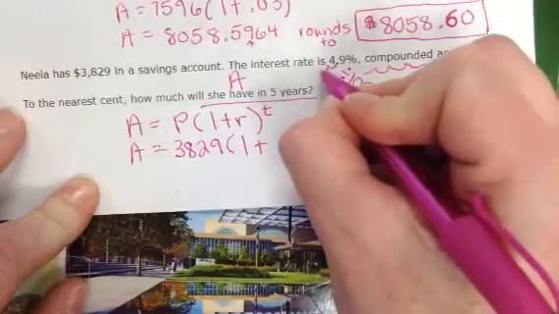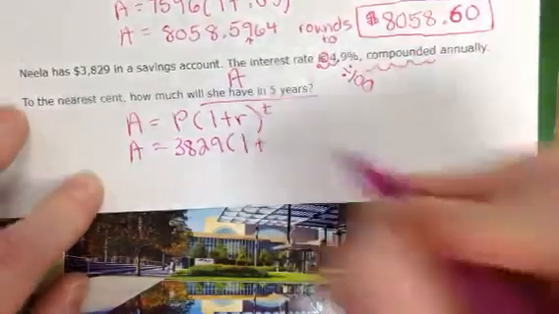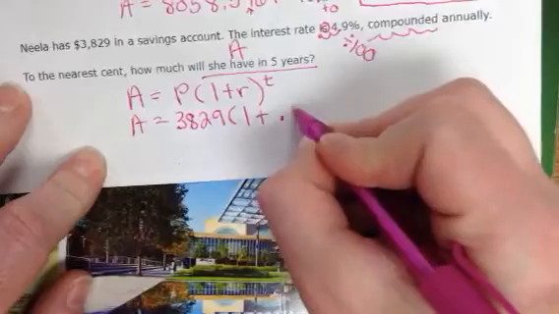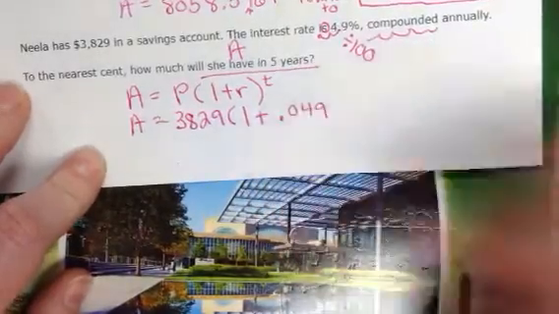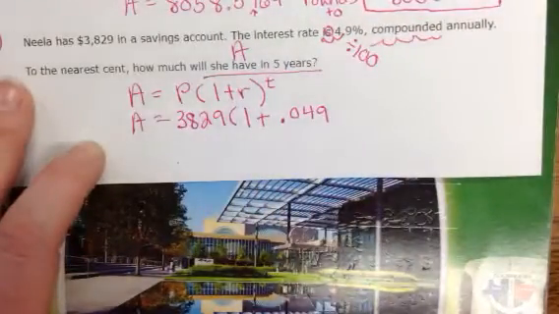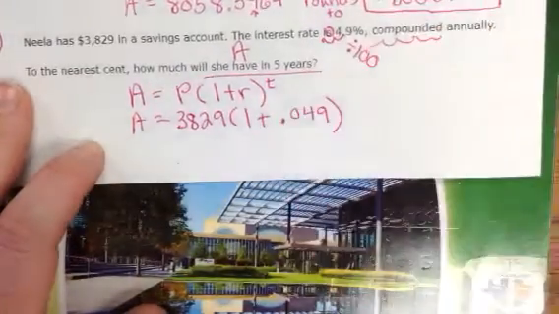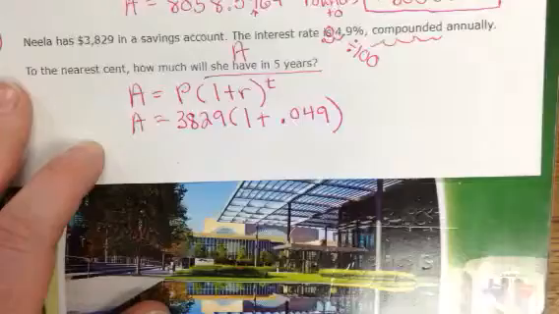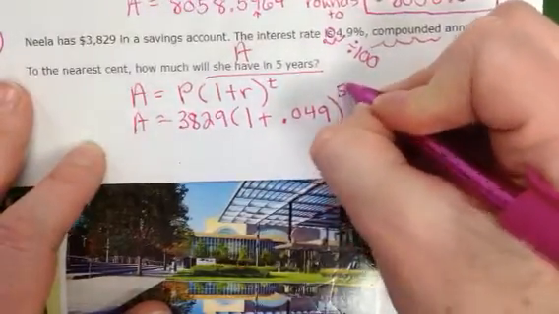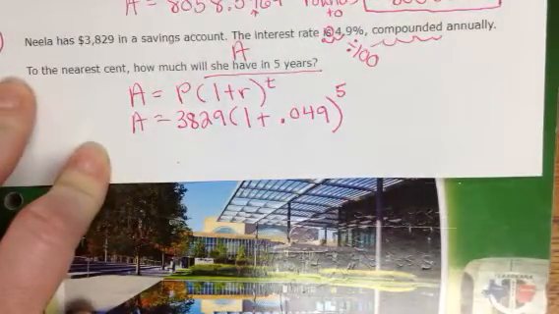That's going to bump it 2 times back to the left. So decimal 0.049. I'm not putting in 4.9. I'm dividing it by 100. Plug that in as your R. They told me 5 years. 5 is my exponent.